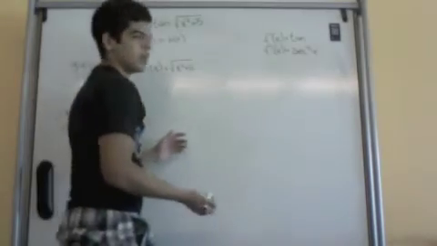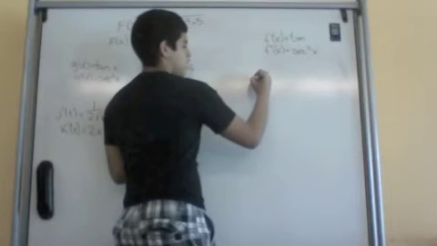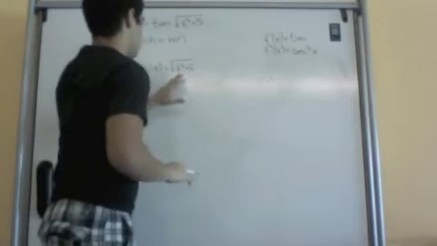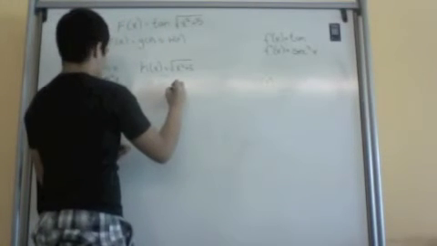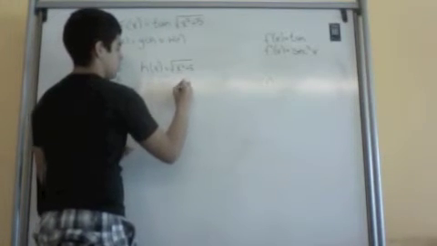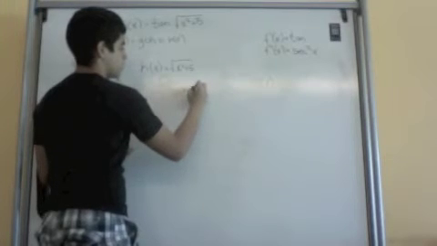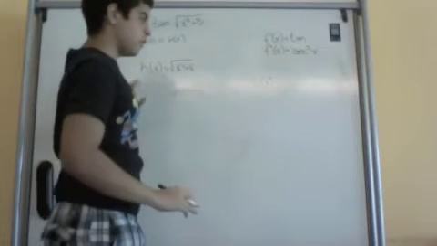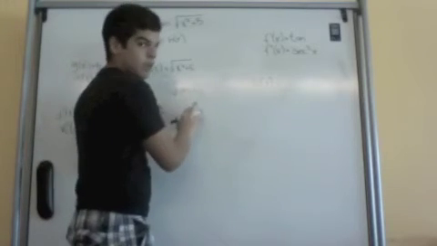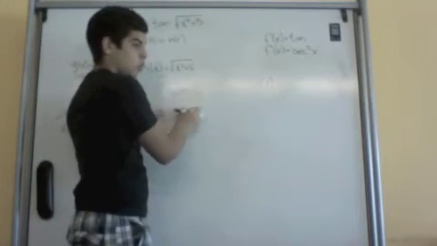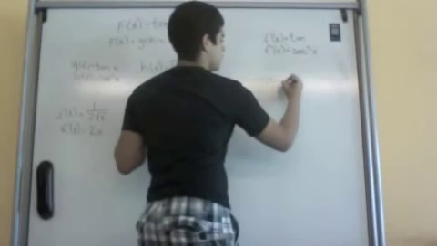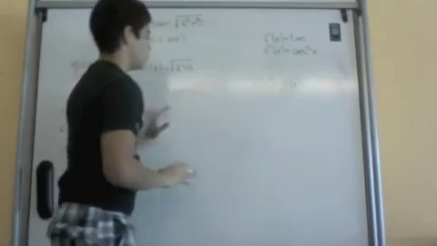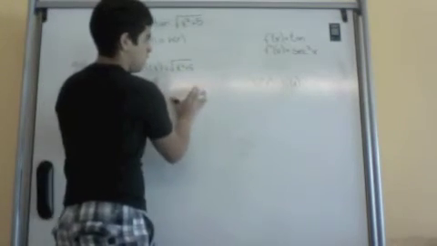And what the chain rule says is that h prime of x is equal to, if we have j composed of k of x, then the derivative of h of x is the derivative of what's inside the function, or k of x, the derivative of k of x times the derivative of this complete function.